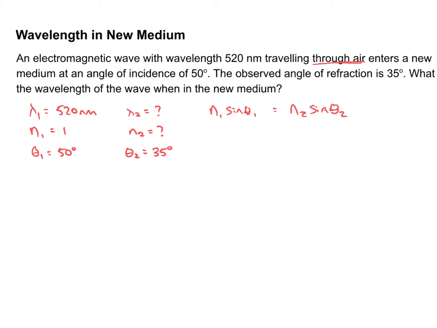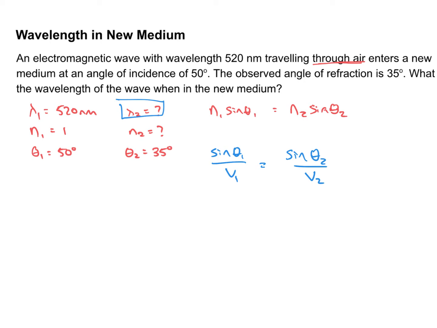Oh, that is wrong. Let me try again. Okay, so two versions of Snell's law. Which one should we use when our goal is to find the wavelength?